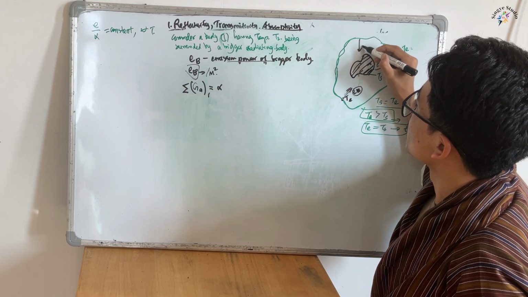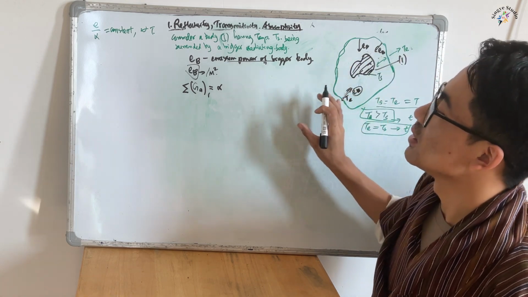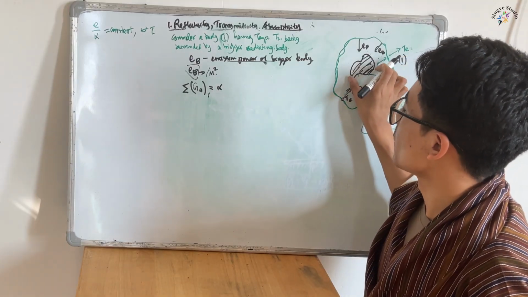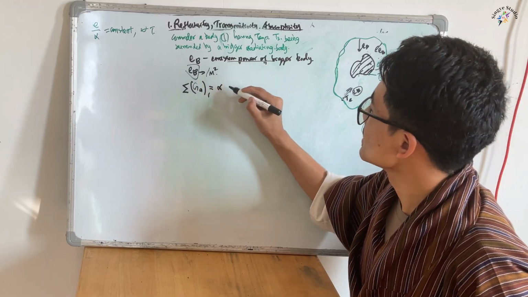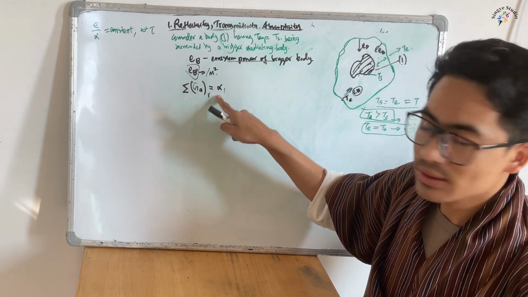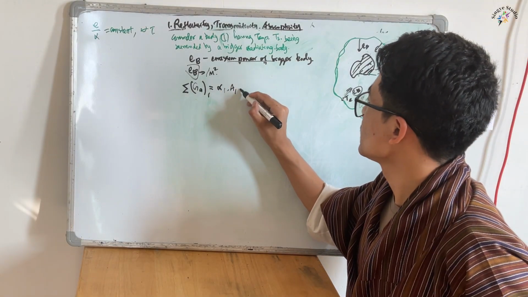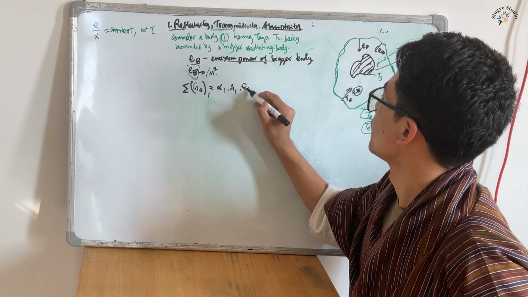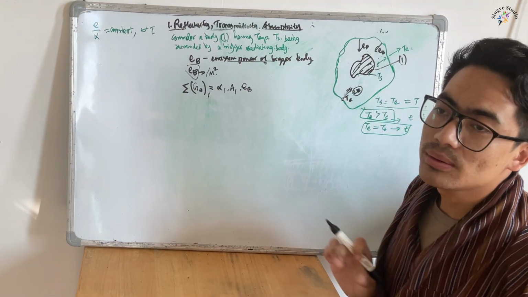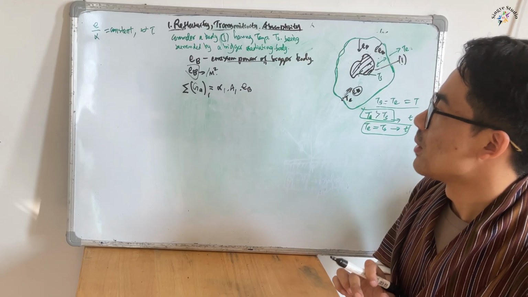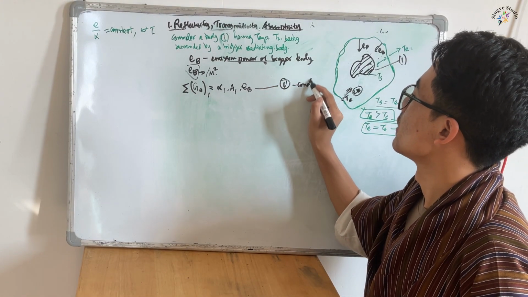EB is everywhere like this, but how much of this EB is absorbed by the body will depend on the absorptivity of body 1. Therefore, I can say absorptivity of body 1 times area of body 1 times whatever emission power the small body gets from the bigger body. Now, this is condition 1.